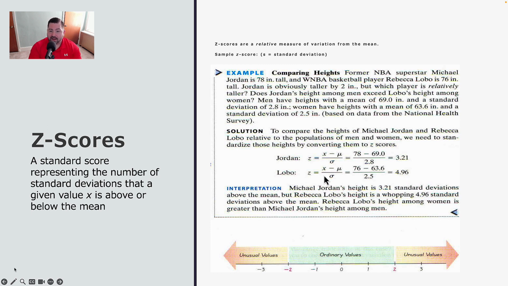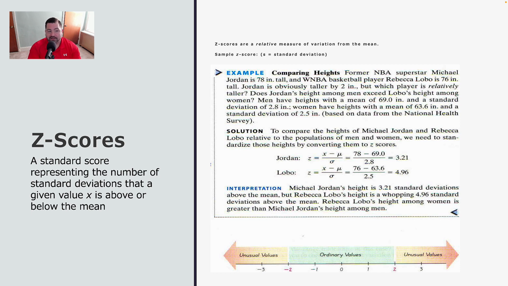You can see that by taking Rebecca Lobo's X of 76 inches minus the average height of the typical WNBA player and dividing by its standard deviation, you get 4.96. Because 4.96 is even more extreme than 3.21, Rebecca Lobo would be the relatively taller basketball player than Michael Jordan, even though Michael Jordan is actually 2 inches taller.